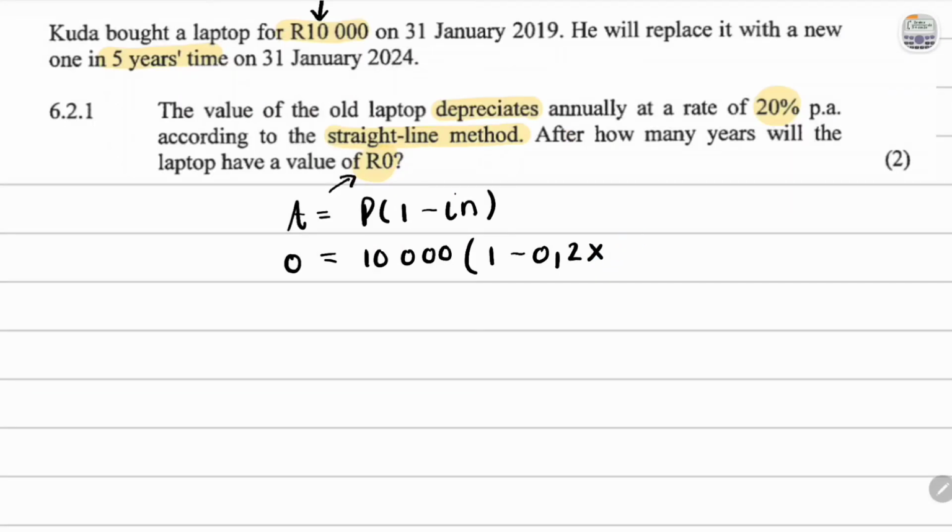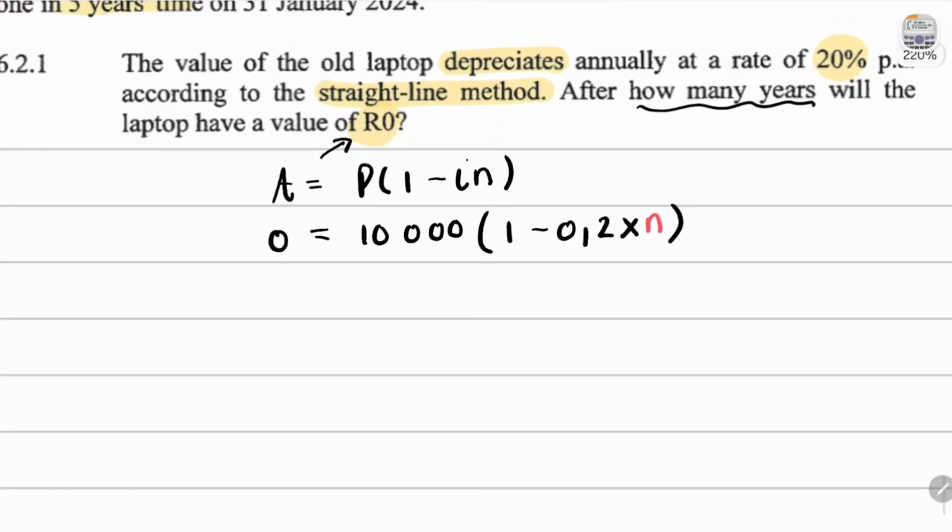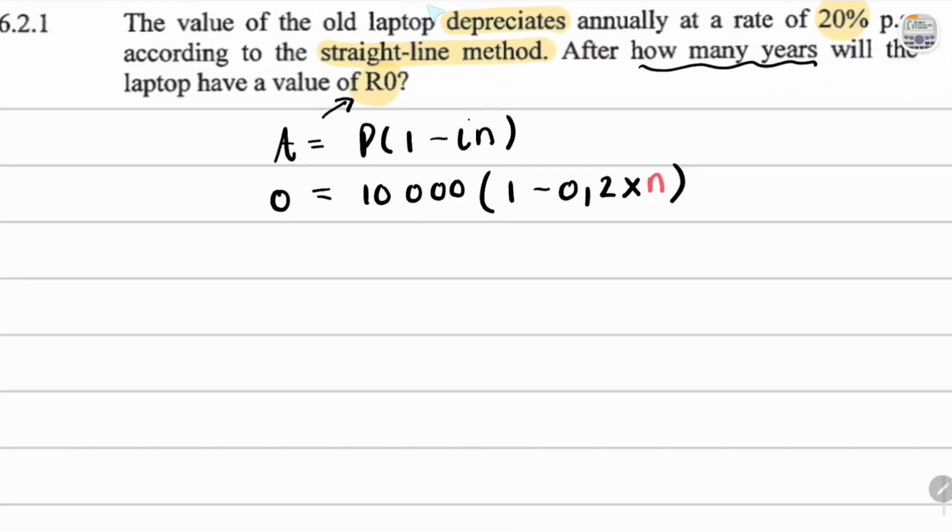Multiply by, now remember that we need to find out how many years it will take the laptop to reach a value of 0. So n is unknown. We don't know how many years it will take for it to reach this. Okay, let's go ahead. So we can start off by dividing both hand sides by 10,000. But if you say 0 divided by 10,000, you simply just get 0. And then we'll have 1 minus 0.2n.